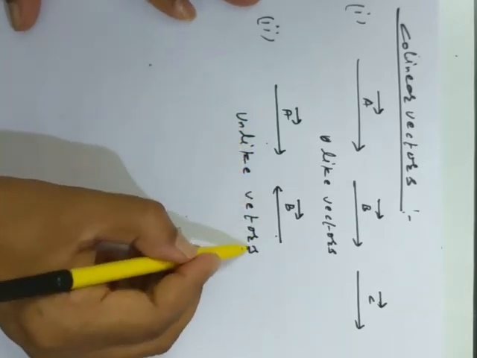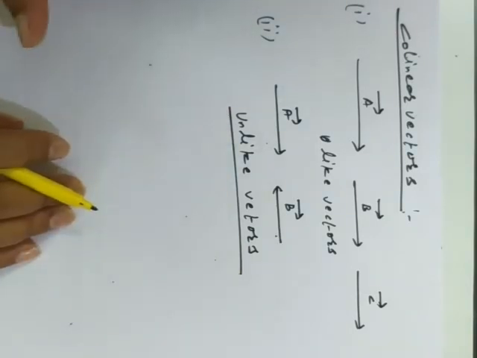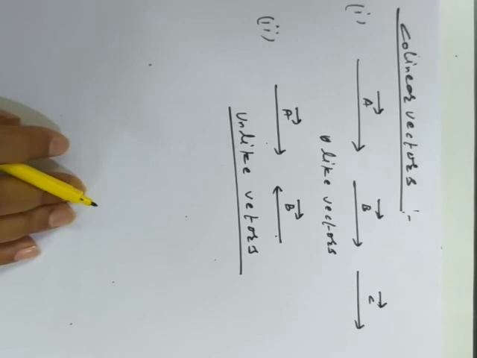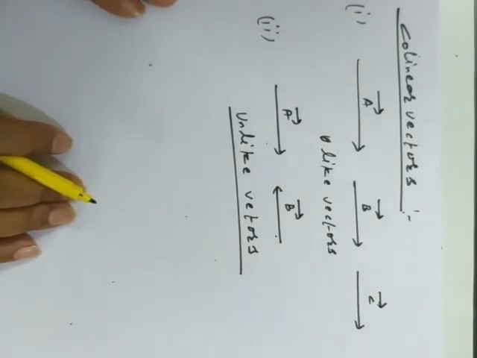So here we have subcategories of vectors also. Collinear vectors are vectors which act either along the same line or along parallel lines. Two collinear vectors having the same direction are called like vectors, and collinear vectors having opposite directions are called unlike vectors.